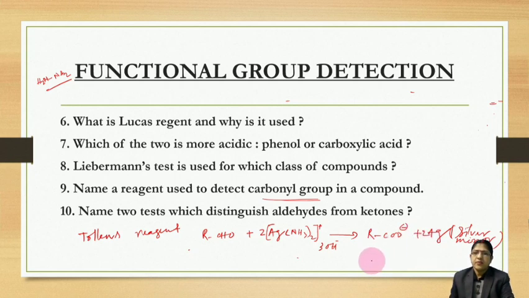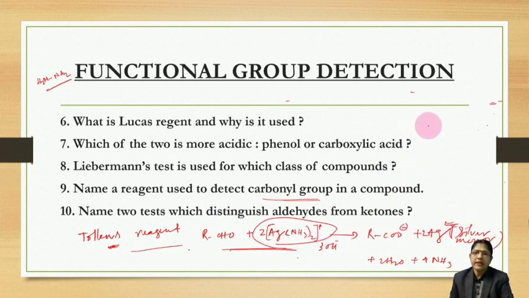This is the Tollens test, ammoniacal silver nitrate solution, and it forms silver mirror. But ketones are not oxidized, so negative. That means aldehydes give positive Tollens test, and ketones don't respond, they don't form silver mirror.